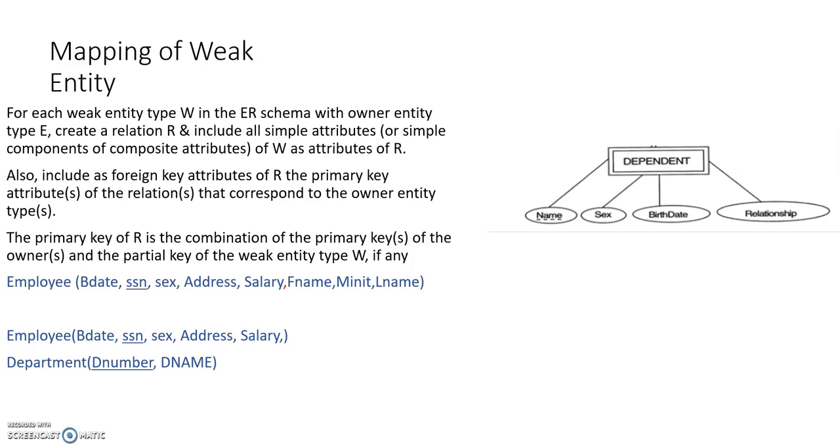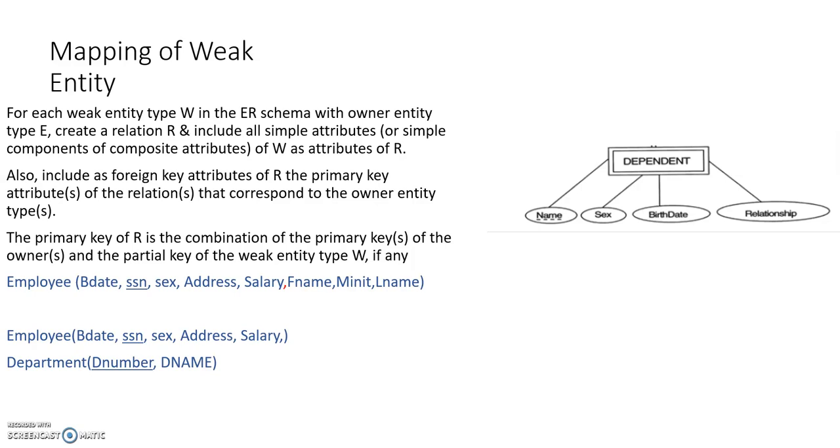Next question is: which is the primary key of the dependent relation? Name is only the partial key. It is only the discriminator. With this alone, the dependent name is not able to identify. So we can make use of the owner entity.